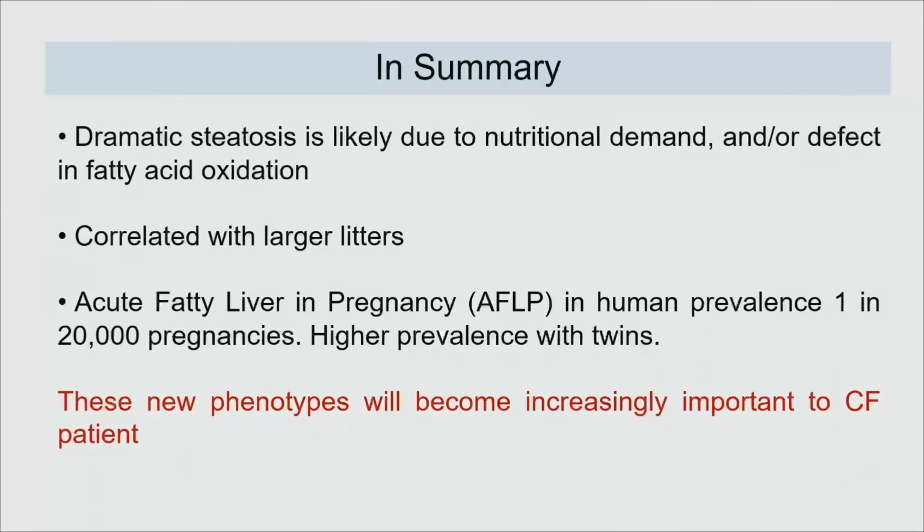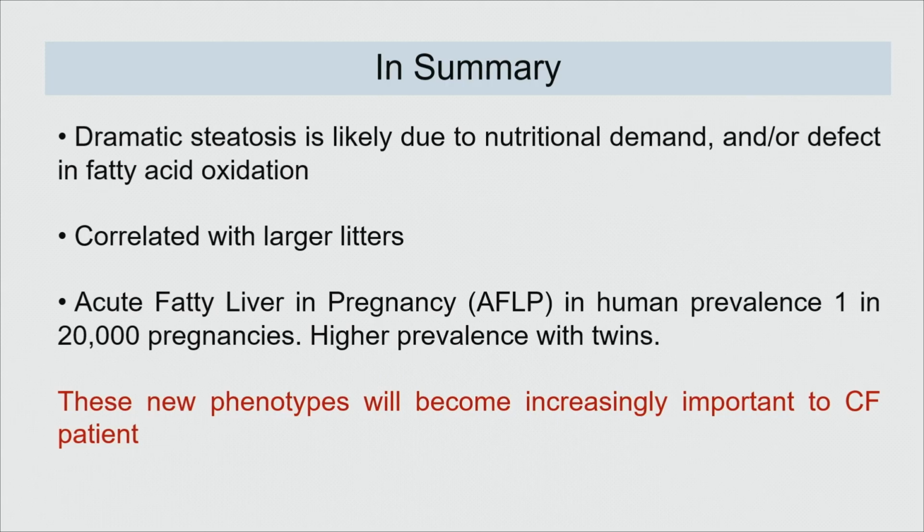So in summary, the dramatic steatosis is likely due to nutritional demand or a defect in fatty acid oxidation, and it correlated with large litters. We found that the ferrets with acute fatty liver in pregnancy had larger litters, more than 6, but those with only 1 or 2 kits did not develop the disease. I think more kits means more nutritional demand, which can cause the disease.